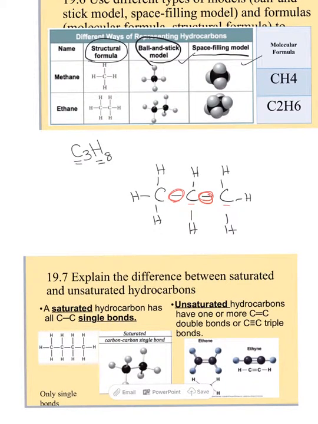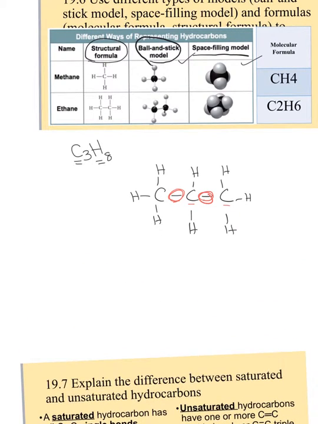All right, let me do another one. Let me do C2H4. Okay, now this is connected C, C, and this is actually a double bonded structure. So this looks like this with a double bond.